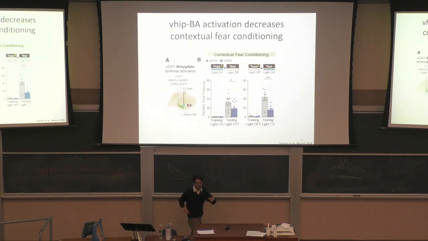And then the second experiment is retrieving the association I learned yesterday, so I'll freeze now. So the first experiment shows that this pathway corresponds to contextual fear conditioning, and the second is the retrieval, yes.